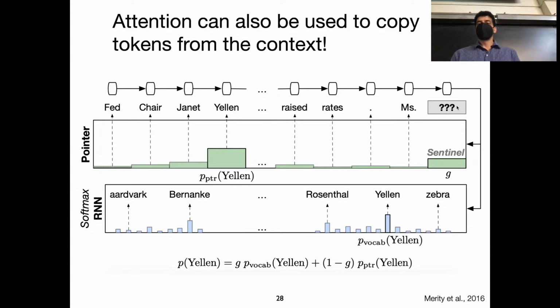So here, maybe the ground truth next word is Yellen, referring to this entity that appeared way in the past. And the way that we would do this prediction using all the stuff we've talked about till this point is we put this hidden state into our softmax layer, and then it has to predict Yellen out of this huge vocabulary of all the other word types.